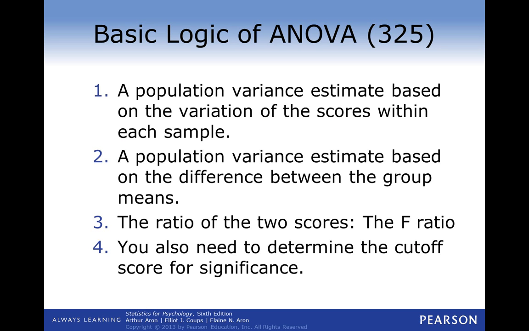You are then going to use the two types of variances you estimated, within and between, and you are going to create a ratio. This is called the F ratio. You will then compare your F ratio to a table of F ratios to see whether or not any of the group means differ statistically. And on that, I will move to video 3.